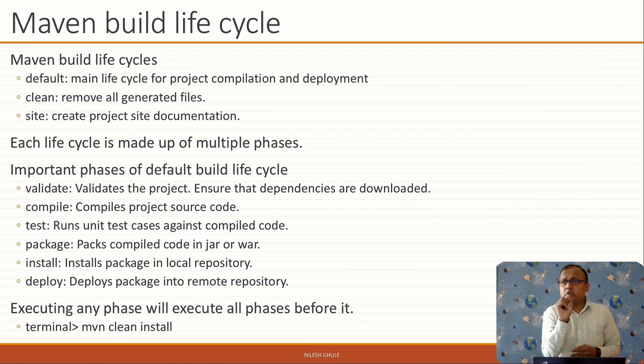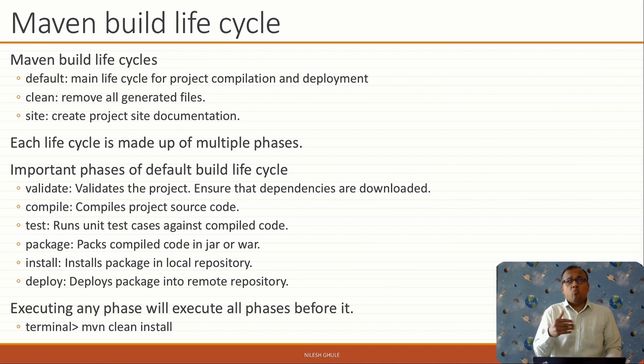Please note we have given install over there, which is nothing but almost the 6th or 7th phase of your lifecycle. Keep in mind, whenever you are giving any phase, it will execute right from the first phase up to that phase. So when I mention Maven install, it is taking care of executing validate, compile, test compile, test, package, and then install. All these phases will get executed.